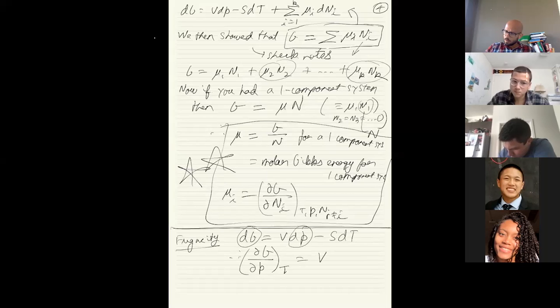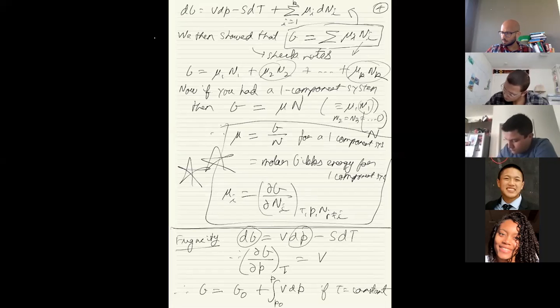correct? Therefore, we can integrate this equation and say that G is equal to G naught plus the integral of V dP going from some pressure P naught to some pressure P, if T is constant. If T is not constant, then we have to worry about how to deal with T. But if T is constant, we can write it this way. This is quite generic.